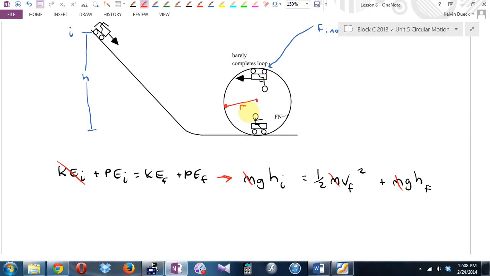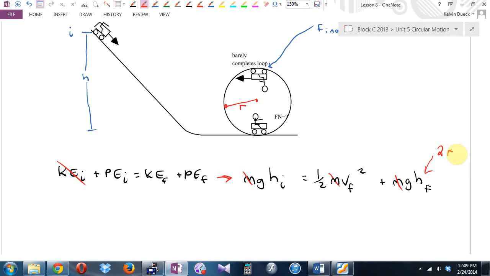So what's the height at the top in terms of the radius? William? That's kind of nice. So I know the final height, right, Nate? Not 2r. I know G. You know what I don't know?